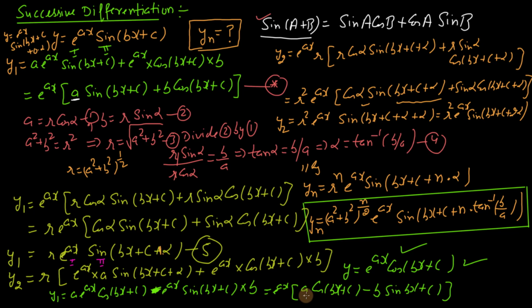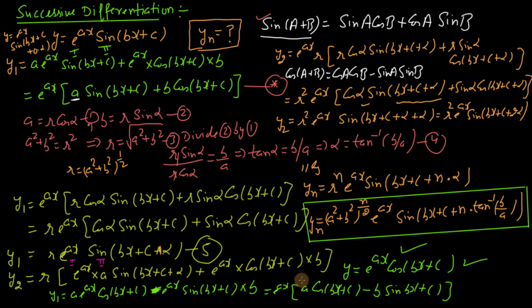Now you will try to make it as cos, and you know the formula for cos (a plus b). Can you help me? It will be cos a cos b minus sine a sine b. So you have to make cos with cos.